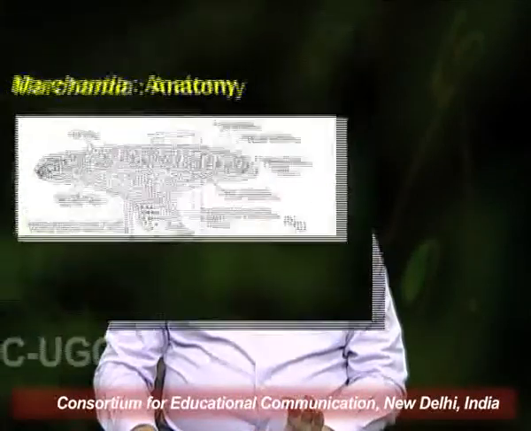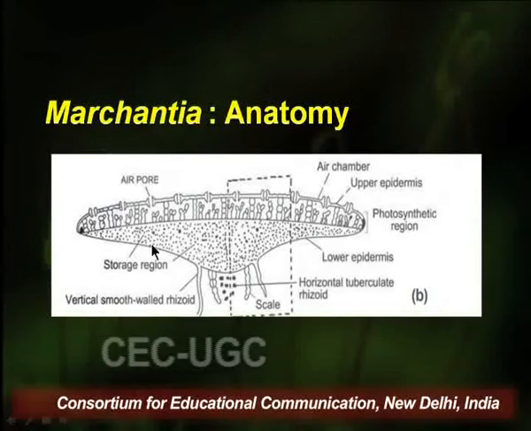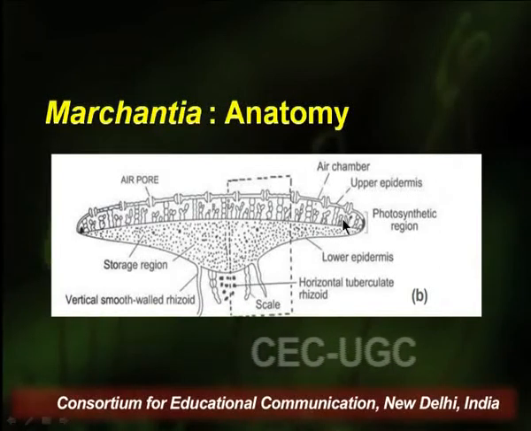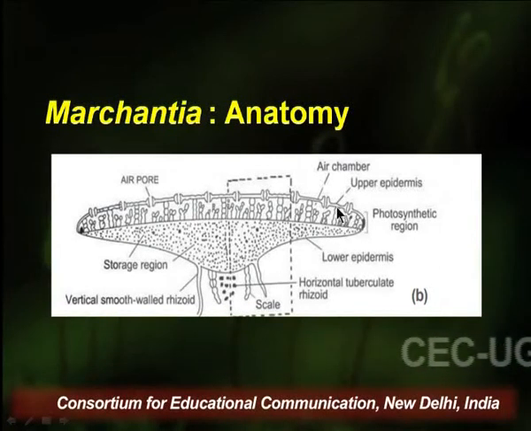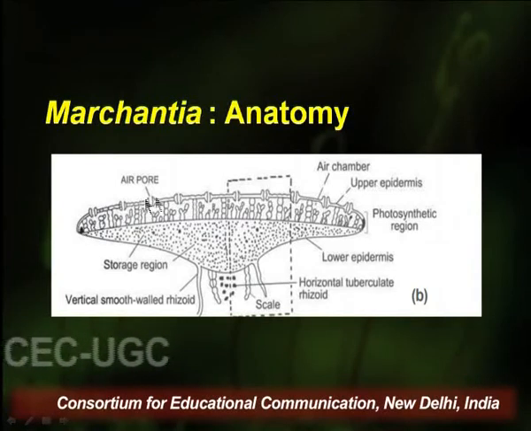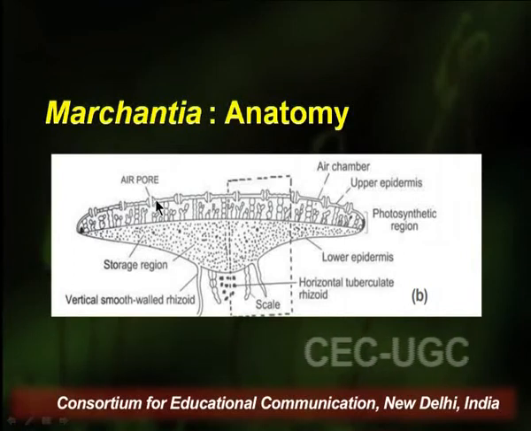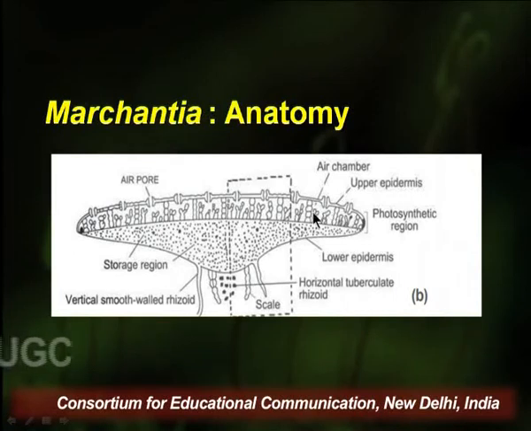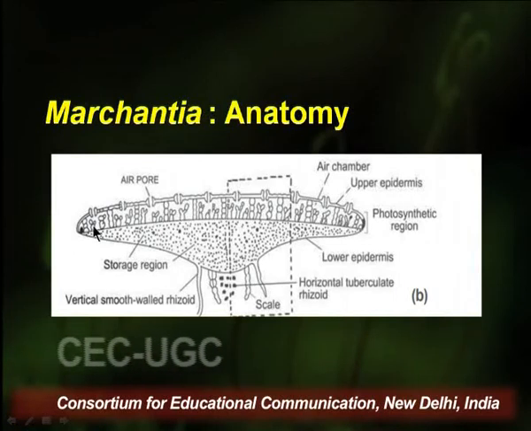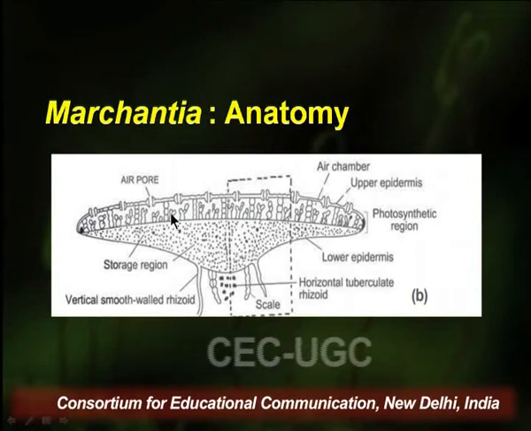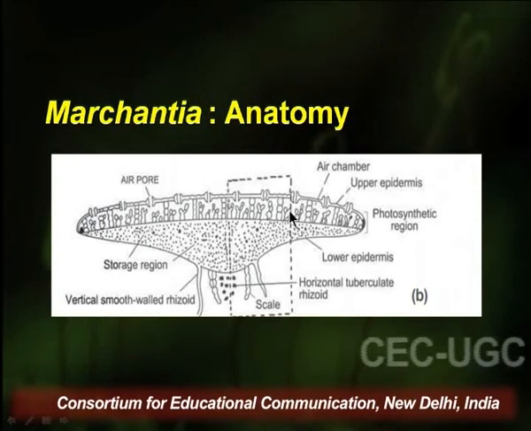In a diagrammatic representation of the TS of thallus of Marchantia, you can very well see the uppermost region, which is the epidermal region. Below the epidermal region lies the photosynthetic zone, which is made up of parenchymatous chlorophyll containing cells.